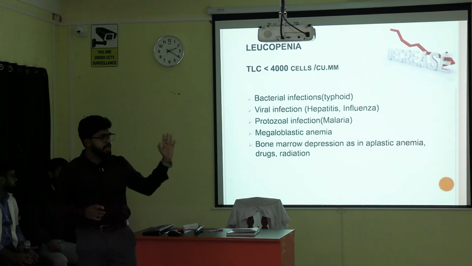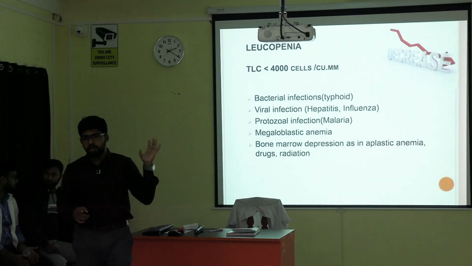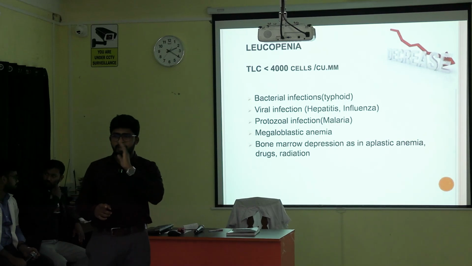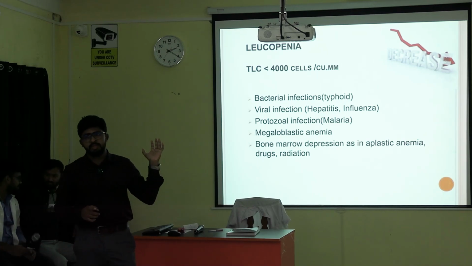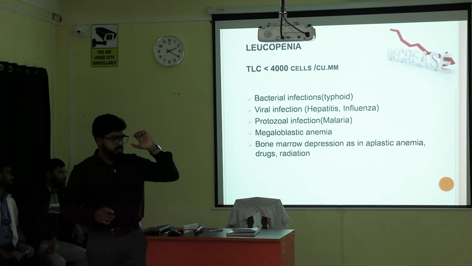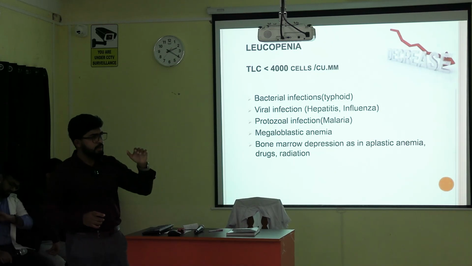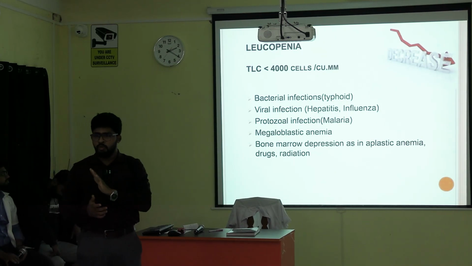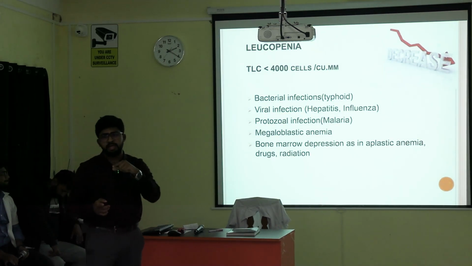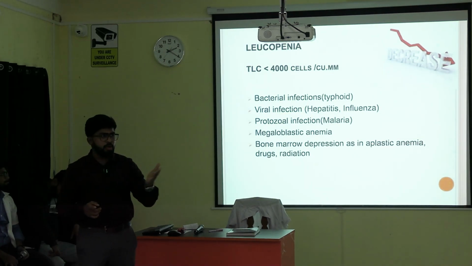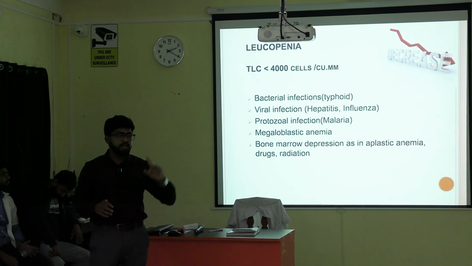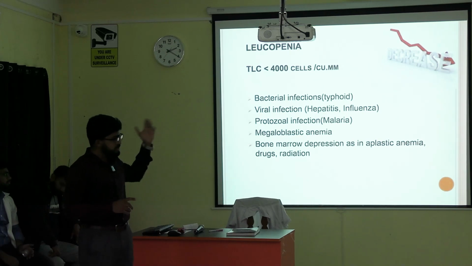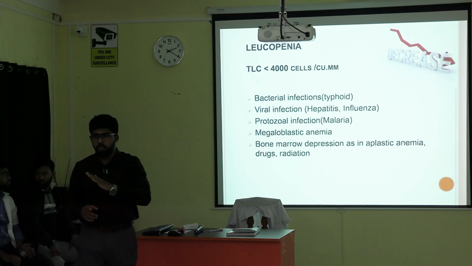In viral infections like influenza or hepatitis, some of these markers target the bone marrow cells, and for this reason there is reduced activity of the bone marrow. So there are two causes: the virus directly acting on the bone marrow and suppressing it, and the inflammatory mediators going there and suppressing the bone marrow.